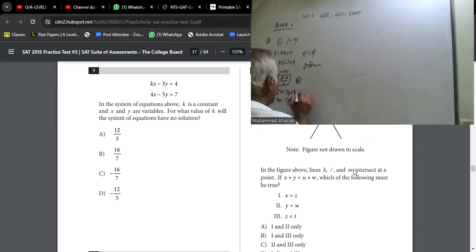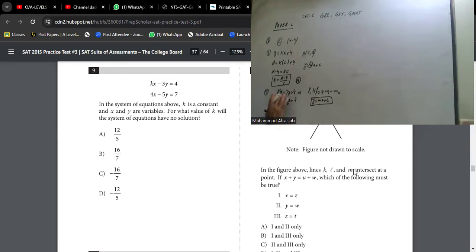So let's say the two lines are parallel to each other, then their slopes are equal and then they have no solution to that problem there. So we can find out m1 from this and m2 from this, and we can convert both of these two lines in the form of y is equal to mx plus c, where m is the slope of that line there.